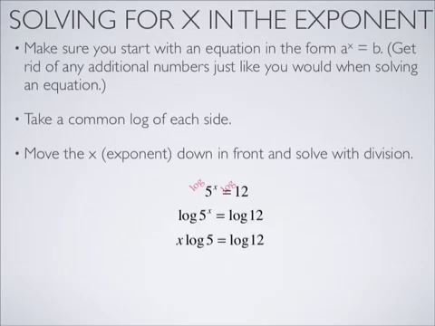And that's really the good thing about logs, that it lets you take that x out of the exponent and pull it down into the problem so you can actually work with it. And then we would divide both sides by log 5, if I was trying to get x by itself. And then I could just do log 12 divided by log 5, and I end up with 1.54. So that's what you're going to see on this next part.